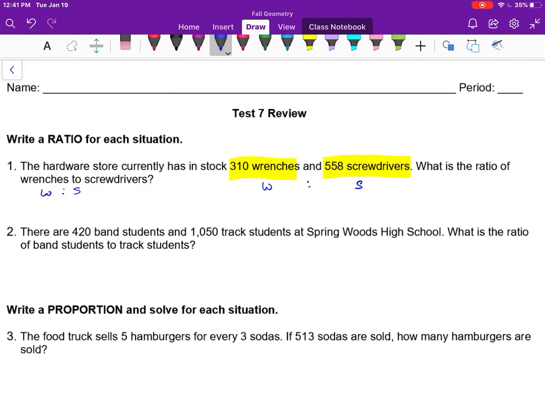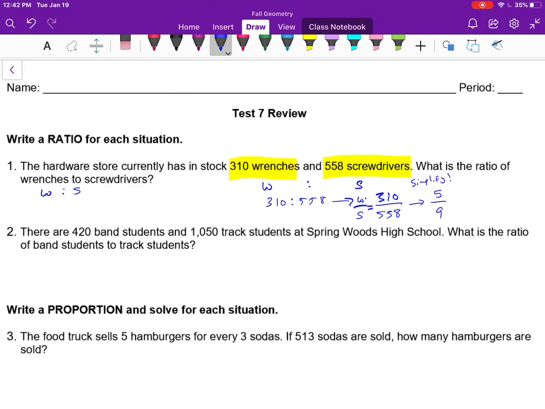The way that we do it is you put a colon, 310 to 558, and you can have them with a colon, or you can have them as a fraction. So 310 over 558. That's the same thing, wrenches to screwdrivers. When you type it into the calculator, it should come out as a fraction, and when you simplify it, it comes out to 5 over 9.